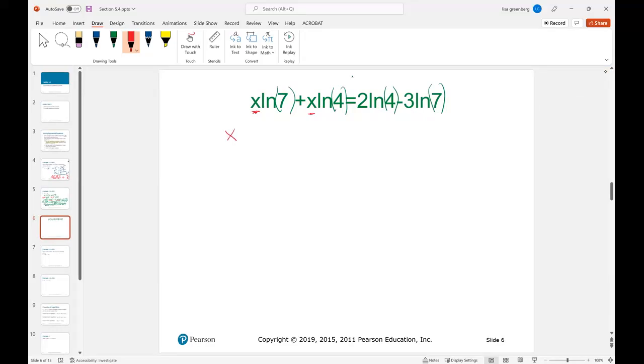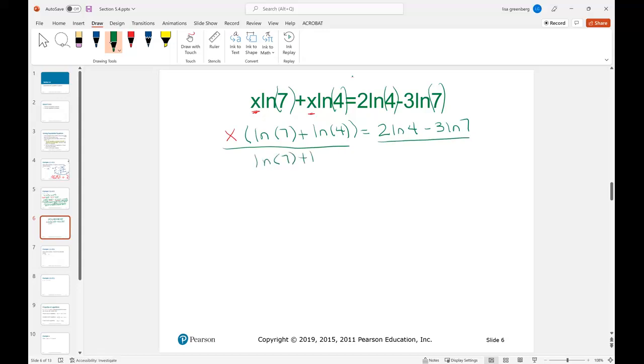And when I do, I get x times ln of 7 plus ln of 4 equals 2 ln of 4 minus 3 ln of 7. Okay. And then I can divide both sides by ln of 7 plus ln of 4. Because remember, this is just a number still.